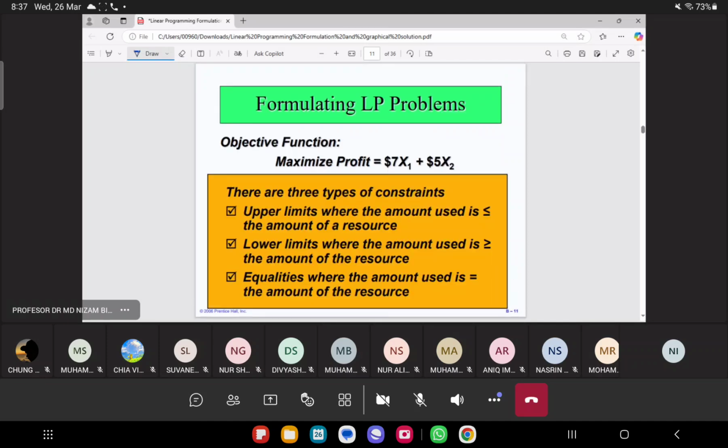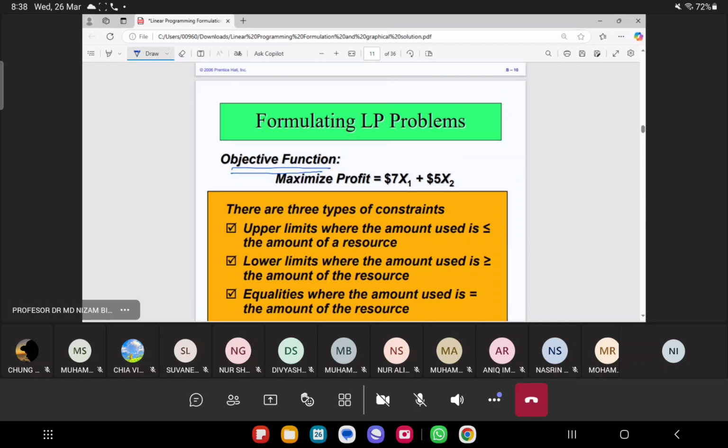Second step, what you need to do is come up with the objective function. If you remember when we discussed the requirement just now, you should be able to express the objective of your optimization.